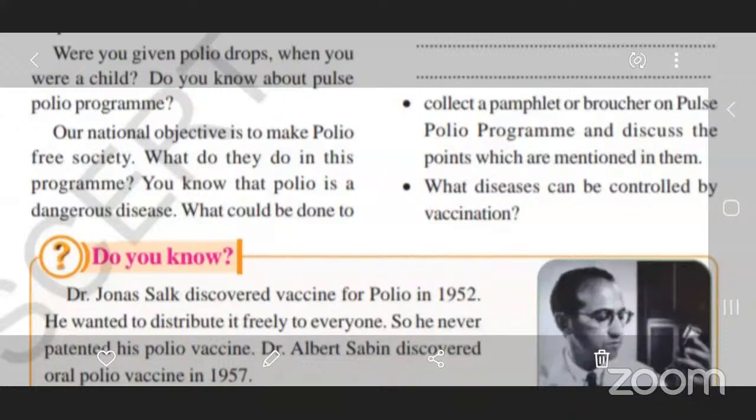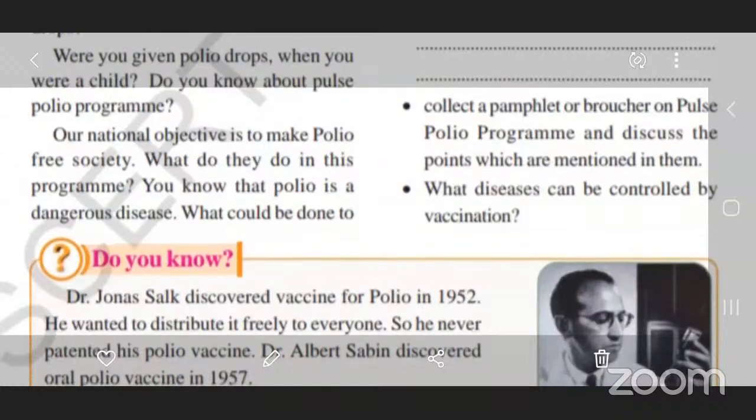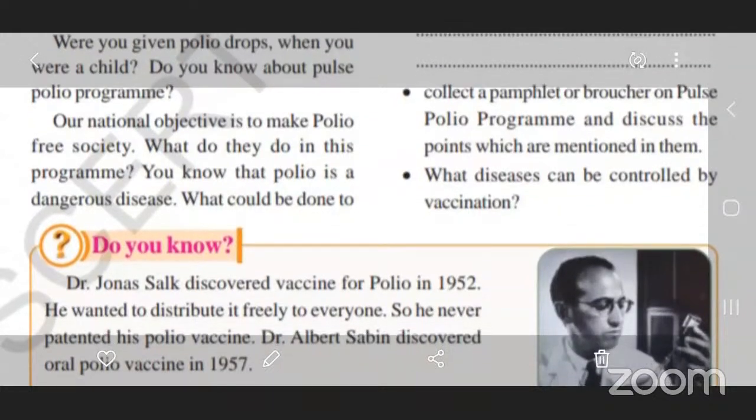Before vaccines like polio drops, people were commonly affected by polio. So our national objective is to make a polio free society by using these polio drops. We must not forget to give polio drops to small children below 5 years.